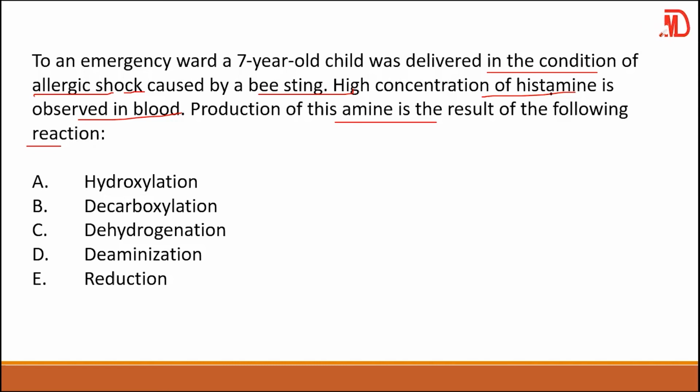And the process that they use is called decarboxylation. So the answer here is decarboxylation. All right.